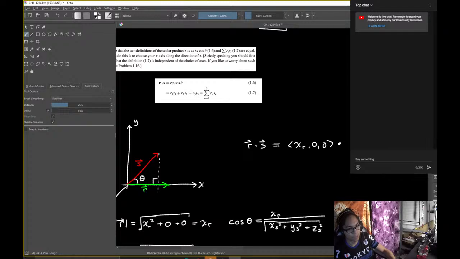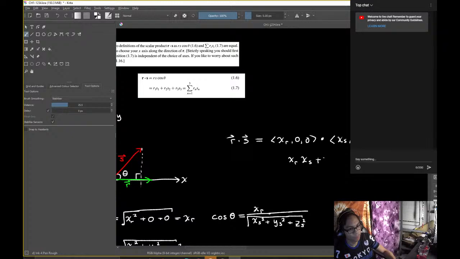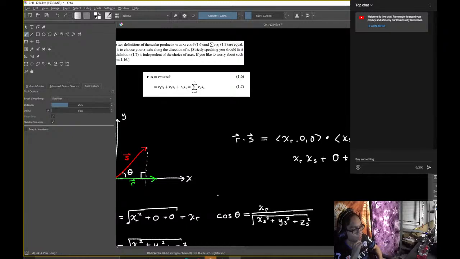There you go. Better. And putting it as a dot product, you're going to get xr xs plus 0 plus 0, okay, that's it. Oh, wow. Okay. So that's what it looks like when you do that.